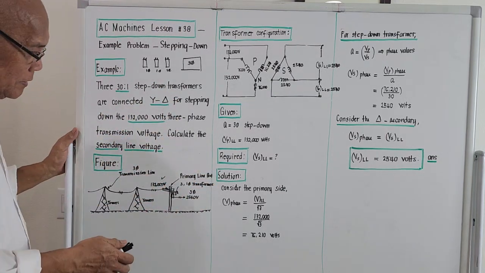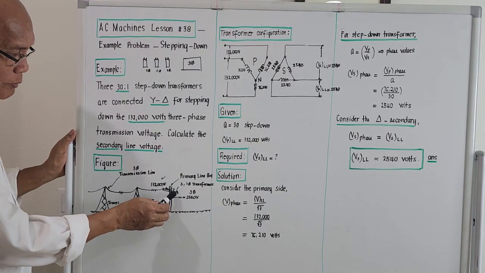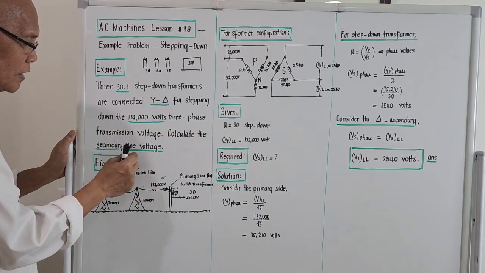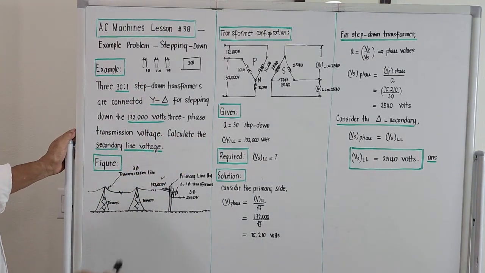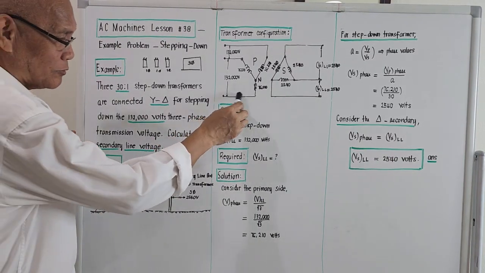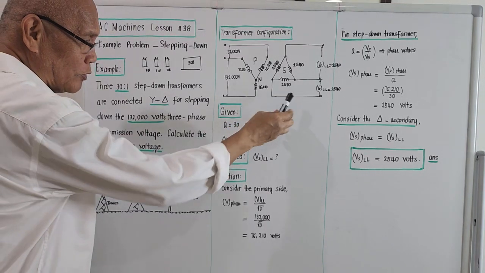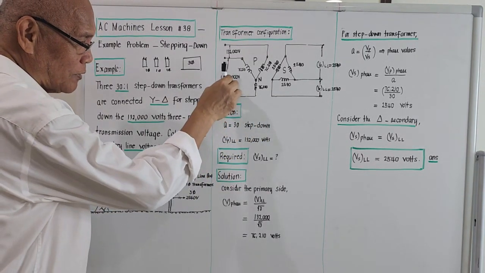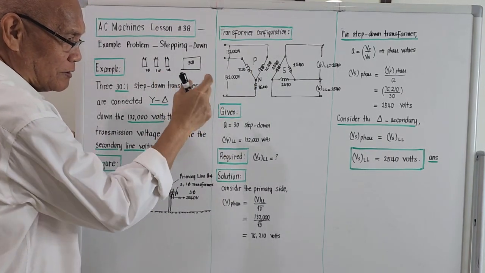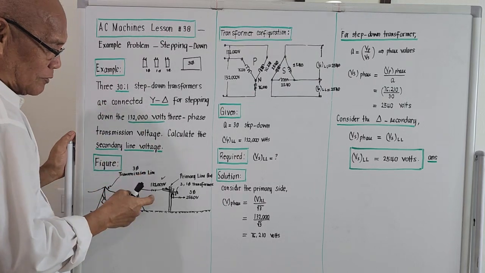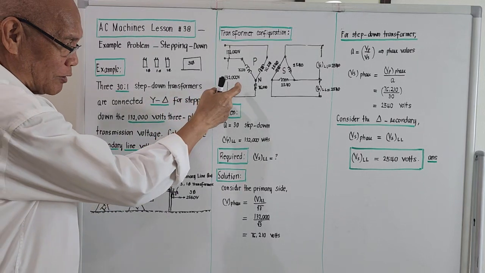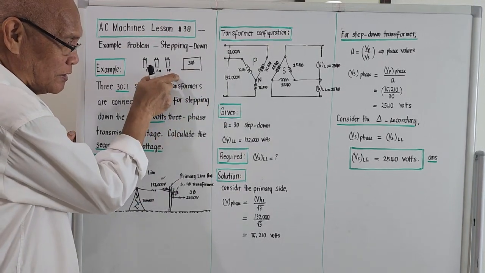So in here, there are three single phase transformers, and according to the problem, calculate the secondary line voltage. We need to step down this 132,000 by using a Y to delta connection. According to the given problem, the voltage between lines on the primary side is the side that comes from the transmission line, because this transmission line is fed to the primary of the transformers on the post, right?